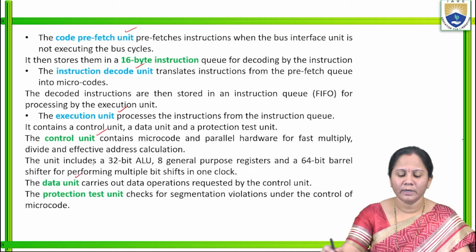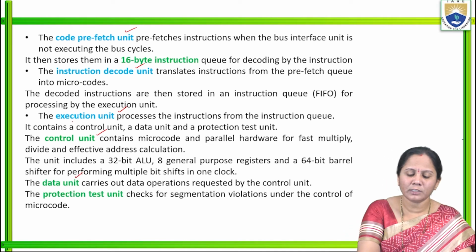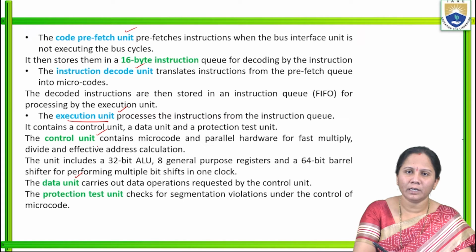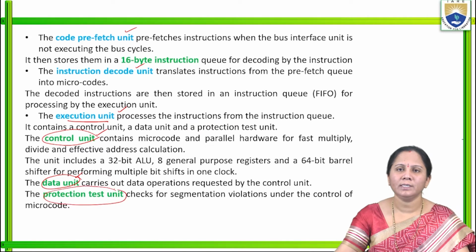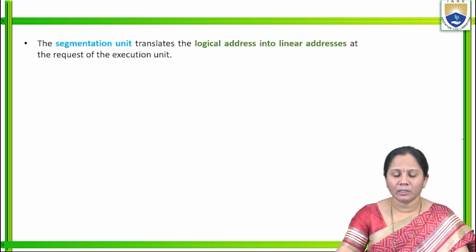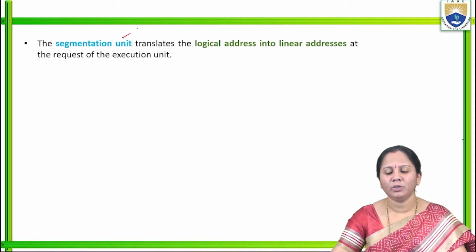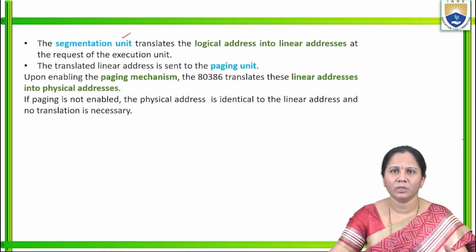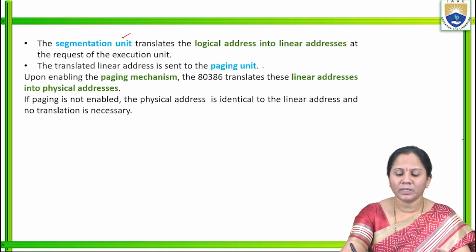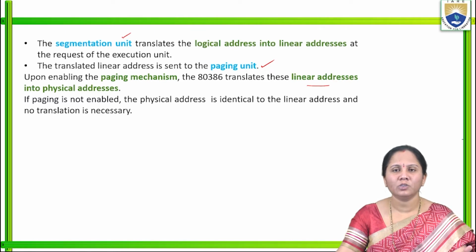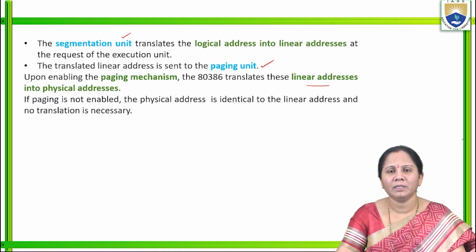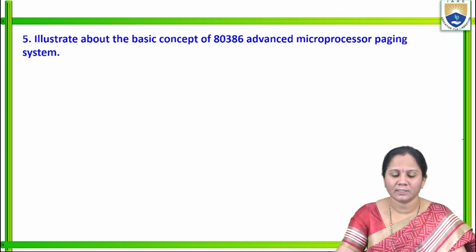That means here in the execution unit, the internal blocks that are available are the control unit, data unit, and protection test unit. And another block is the segmentation unit. It is going to convert logical address into linear address. And the last unit is the paging unit, which is going to convert that linear address into physical address. So all these are the 6 blocks that are available in the architecture of 80386.